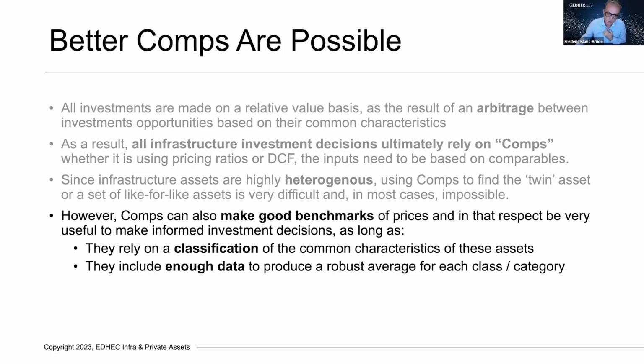Also, you're looking at aspects of these deals which are comparable, and there's enough data in each bucket. As you saw, as long as you can isolate individual aspects and then have a large sample, take the average and then the average of all the averages, you actually get quite close to the actual characteristics of these investments.